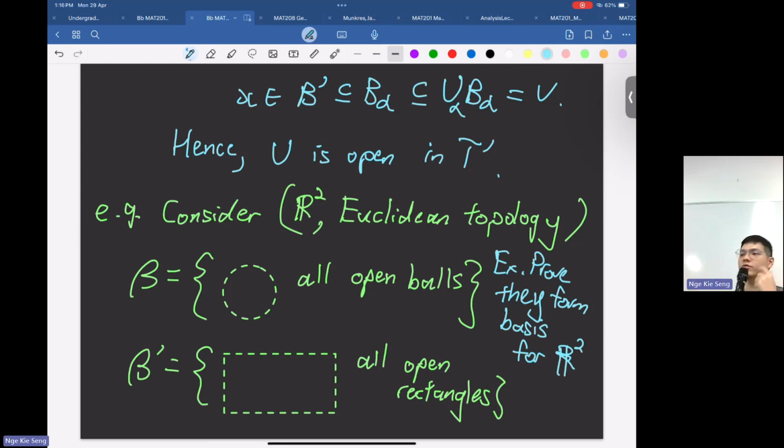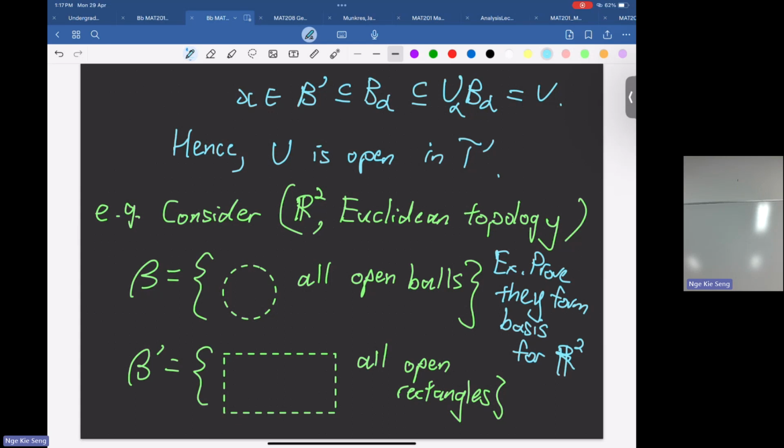To check for a basis, what do you need to check? What are the two properties? First property, for every point in the topological space, you have a basis element that covers that X. Second property, if your point lies inside the intersection of two basis elements, you can find another basis element that contains that point and also lies inside the intersection. You check whether this is true or not.